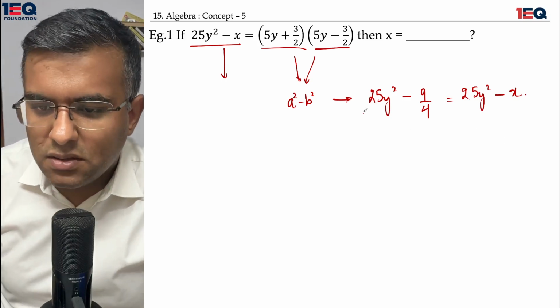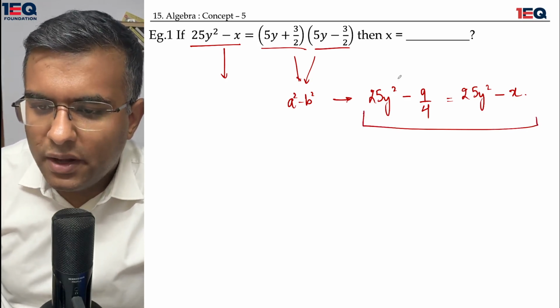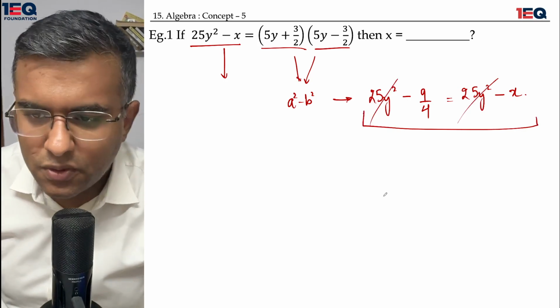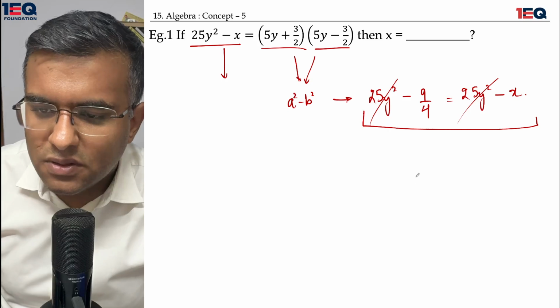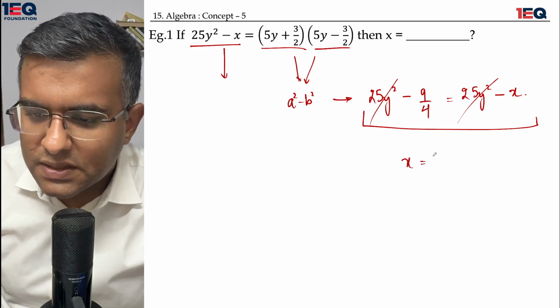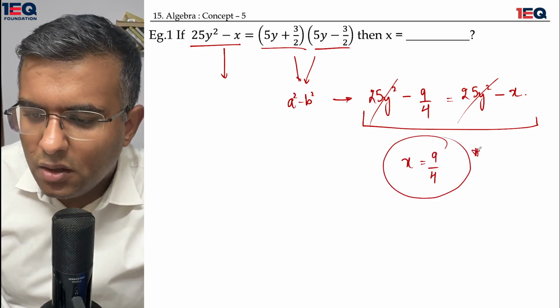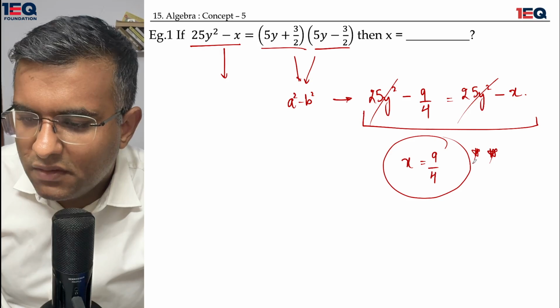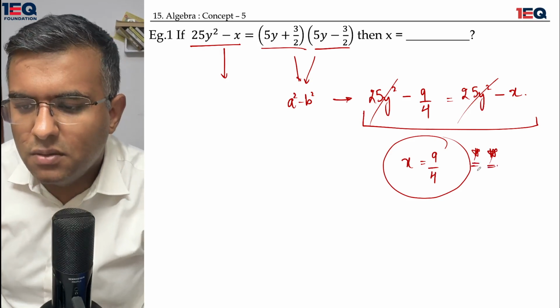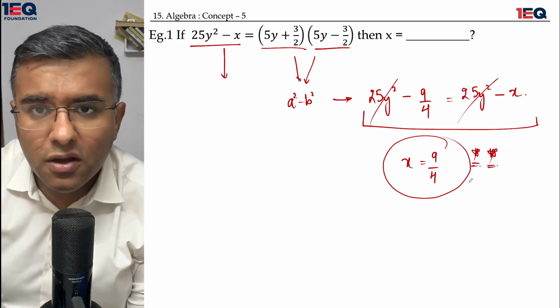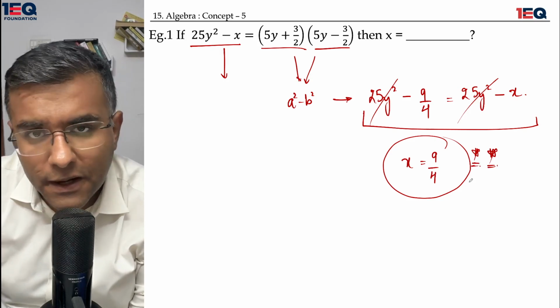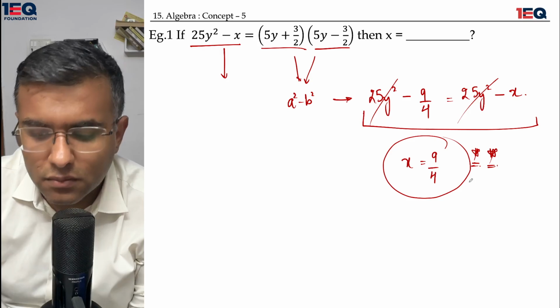As these two expressions need to be compared, I can quickly say that the 25y square is going to get cancelled out. The minus also gets cancelled out. So the value of x comes out to be 9 by 4. Right? Good enough? Let's move on.